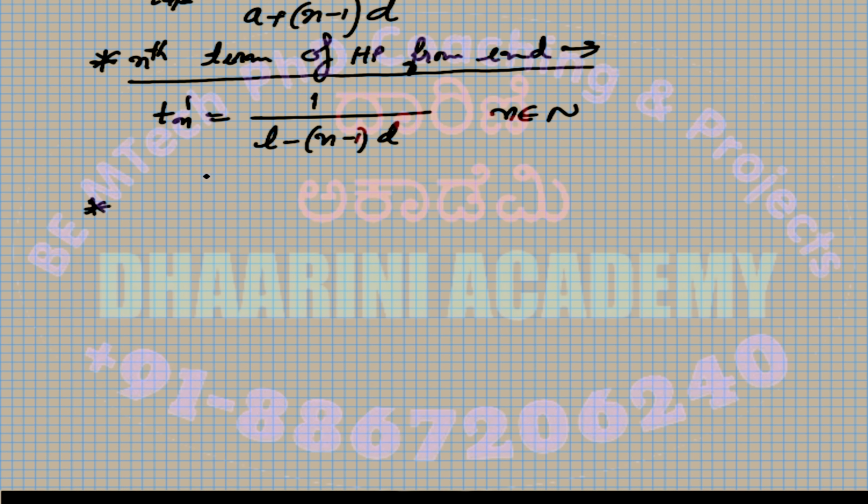This is always equal to the A plus N. This is also equal to 1 divided by the first term of HP plus 1 divided by the last term in HP. Okay, we can use this as a property to solve some of the problems.